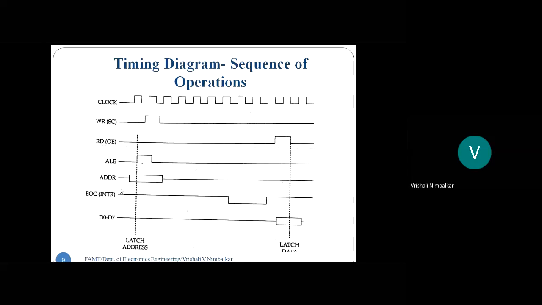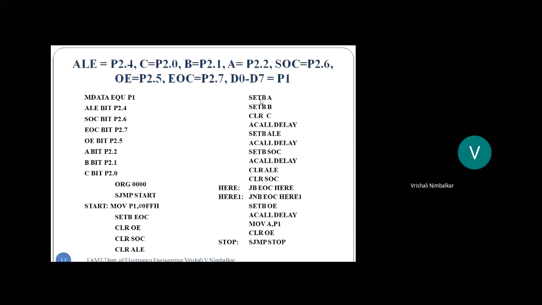Look at the right hand side: ABC, A is the LSB. So the channel is 3, that is 0, 1, 1. So clear the MSB, clear C, set bit B, set bit A. The address sent is 0, 1, 1, so channel 3 will be selected. That is given in the program statement. So place the address on the address bits, wait for a certain time, ACALL delay. Then activate ALE, SETB ALE, wait for a certain time, ACALL delay. Then activate SOC, SETB SOC, wait for a certain time.